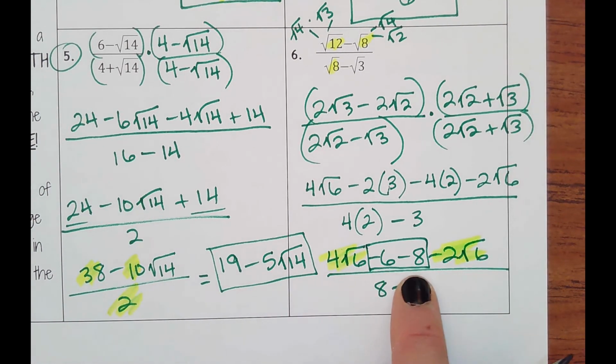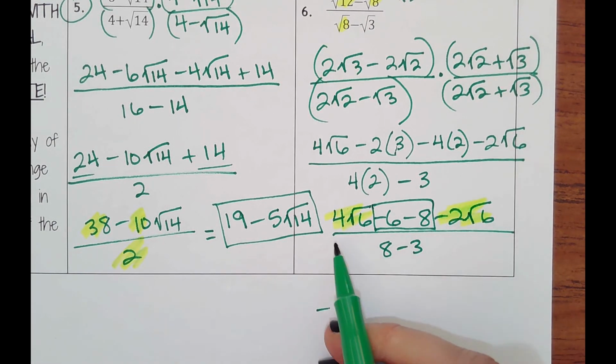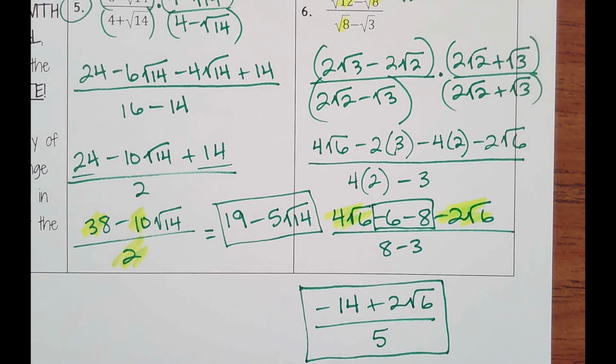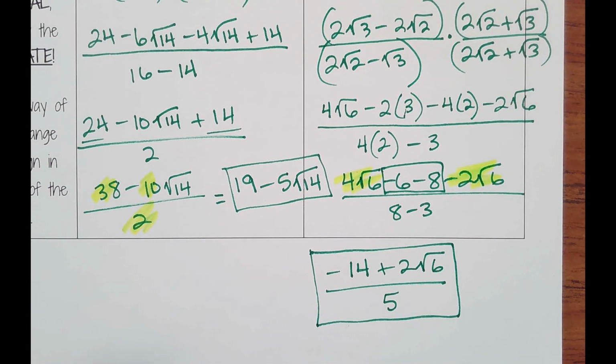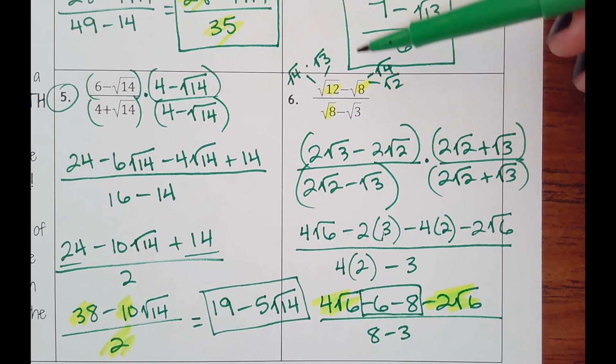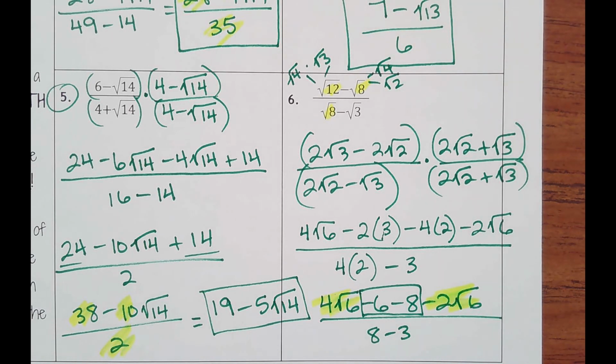Negative 6 minus 8 would be negative 14. 4 minus 2 would be positive 2 square roots of 6, over 8 minus 3 is 5. I cannot take out a common factor, so that is my answer. So that one was kind of tricky. If you don't like the multiplying like that, you could multiply by the regular conjugate and then simplify your radicals at the end.